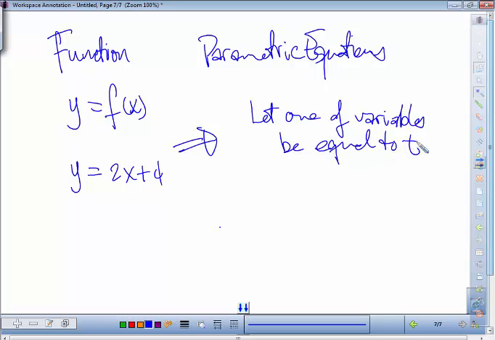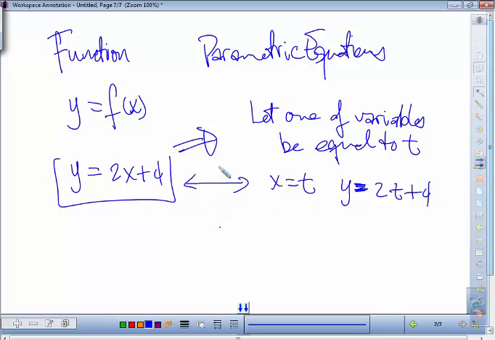Usually the independent variable, and if it's y is equal to f of x, x is the independent variable. Sometimes you'll see it as x is a function of y, and then you would want y to equal t. But in this case, if you let x equal t, then your y is also going to be a function of t. y is going to equal 2t plus 4. And so now these two graphs are exactly the same.